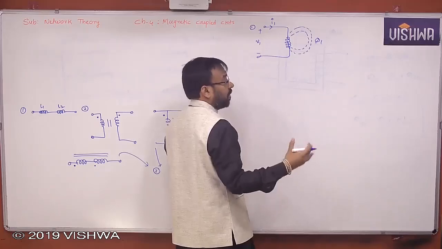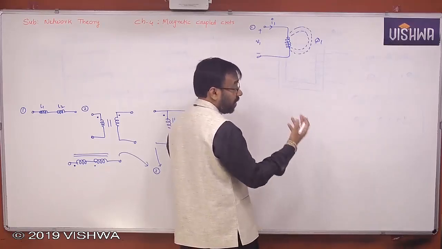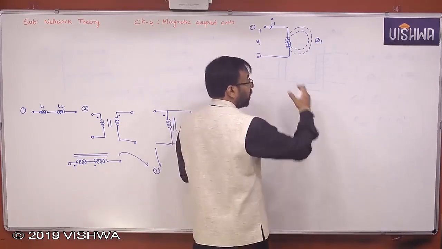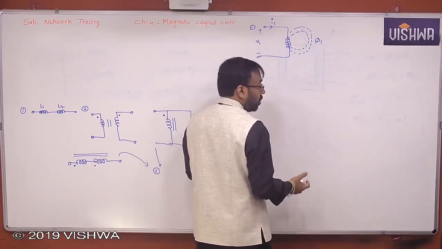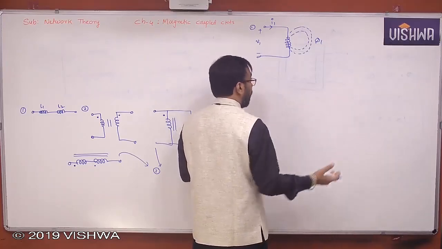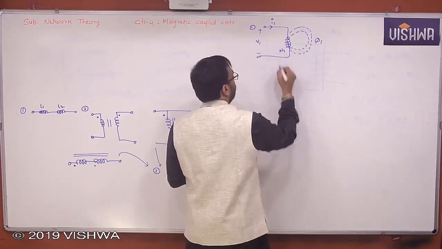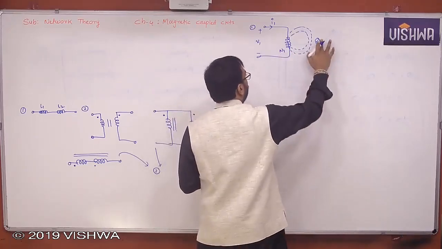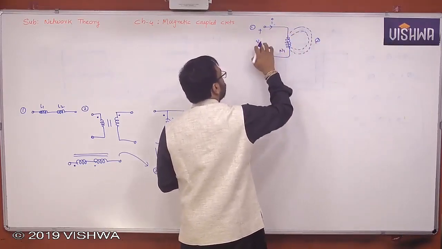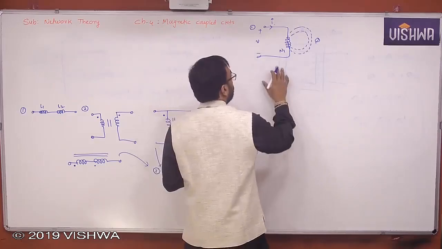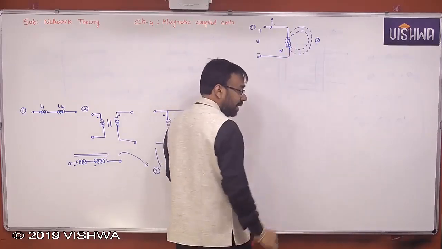There is no phi11, phi12 concept here because phi11 and phi1 are the same. No phi12, because there is no other coil involved in this. Say the number of turns is N, the current flowing is I, and this is V, and N1 is nothing but N, let us say.